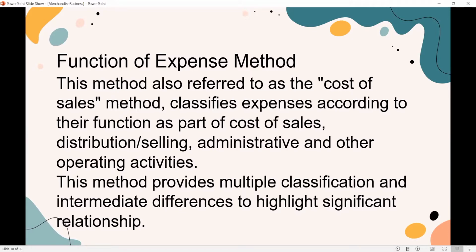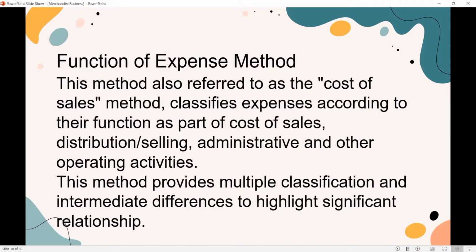So, yung nature of expense method, it applies to the small businesses and small enterprises kasi nga there is no allocation of operating expenses between functional classification is necessary. So example nun it includes raw materials, consumable use, transportation costs, advertising costs, and other operating expenses.